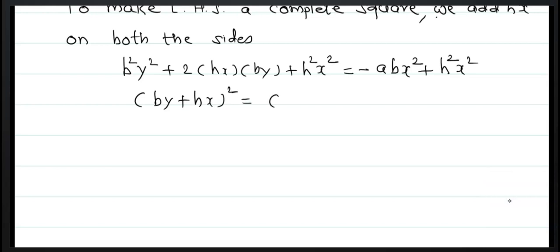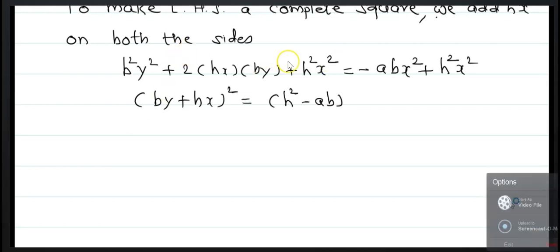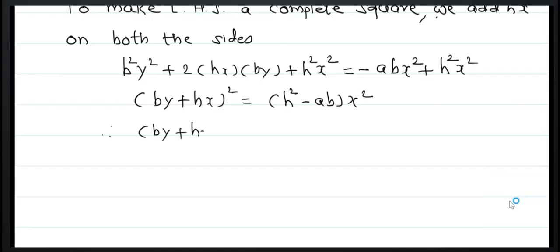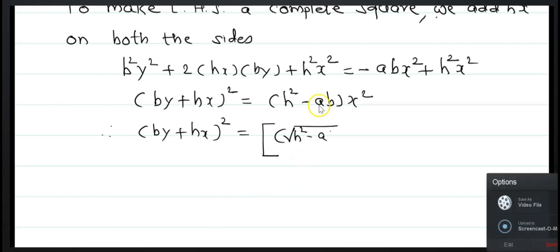Then you will get (by plus hx) bracket square, this is the perfect square, is equal to (h square minus ab) into x square. That is (by plus hx) bracket square is equal to. Now this can be written as (root of h square minus ab into x) whole bracket square.